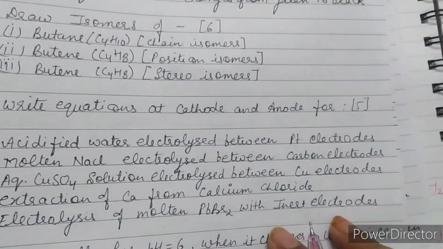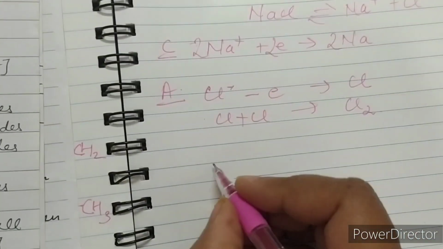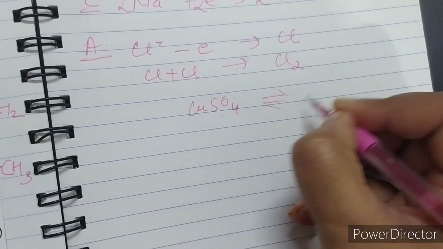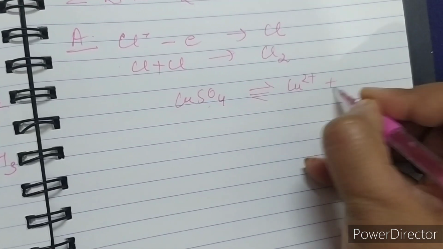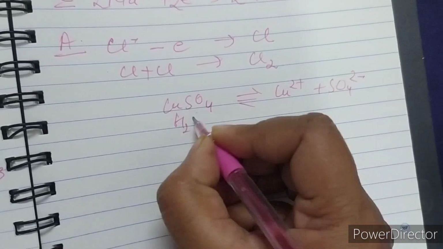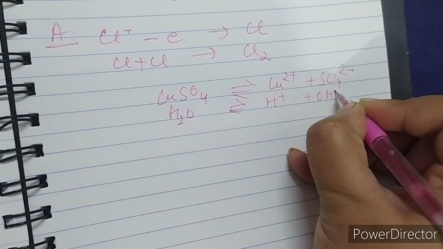Next is aqueous copper sulfate with copper electrodes, that is active electrode. So copper sulfate will dissociate into copper ions and sulfate ions, along with the aqueous solution, so water will be there, dissociating into H positive and OH negative ions.